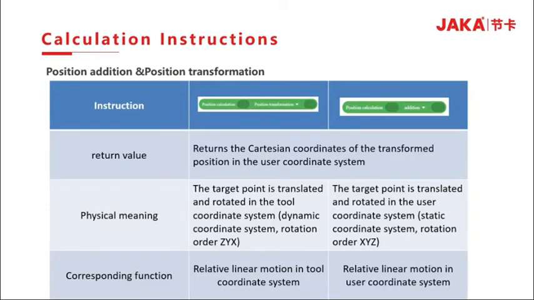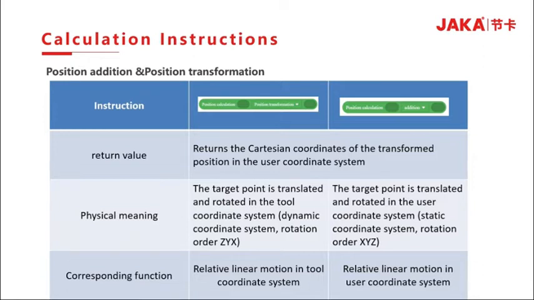Let's look at the comparison of two functions. One is the position transformation instruction and the other is the position addition instruction. Both of these instructions return a Cartesian coordinate of the position in the user coordinate system. Two physical meanings. The position transformation is equivalent to the target point in the tool coordinate system. The dynamic coordinate system rotation sequence is Z, Y, X, and the translation rotation transformation is performed.